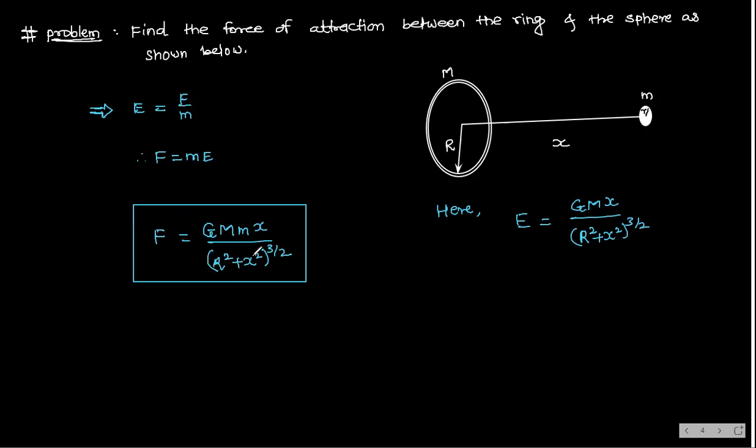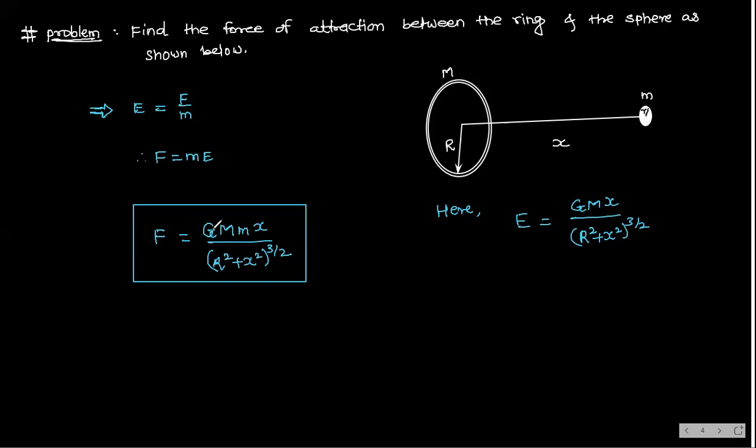And what will be the direction? It is towards the ring, right? Because this is the small mass, so its direction will be towards the ring. Is it clear?